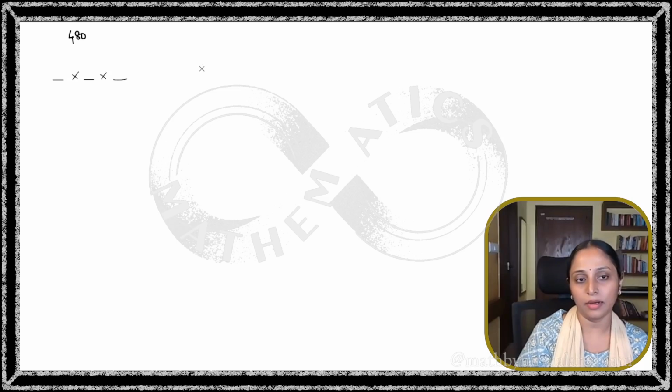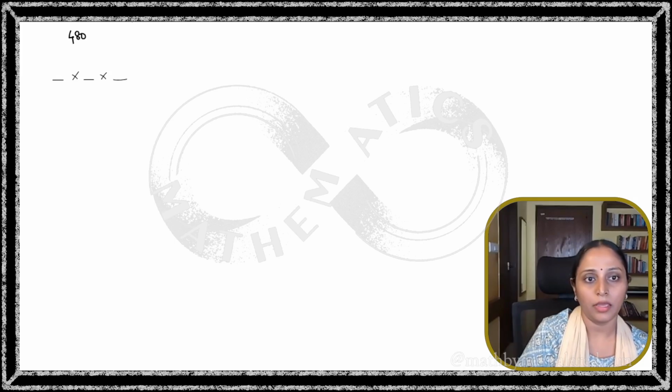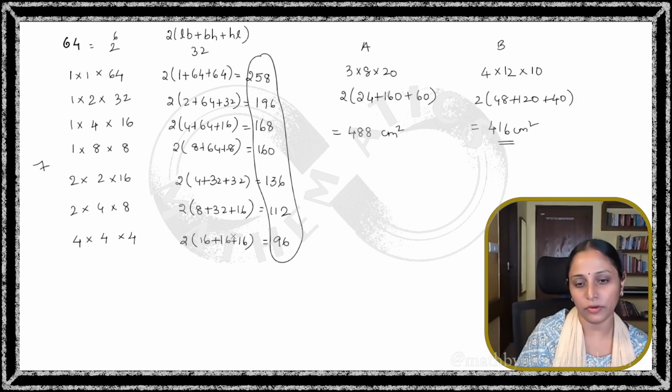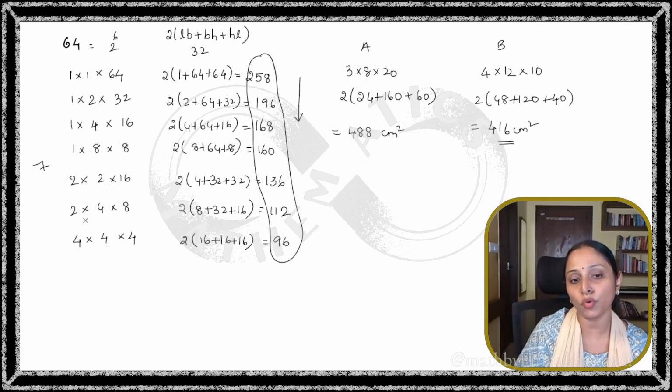What I am suggesting is, if you look at the previous calculation that we have done, the surface area is dropping when I try to get numbers close to each other as the factors. Here you can see 1 into 1 into 64, there's a lot of difference between 1 and 64. The gap is very high.